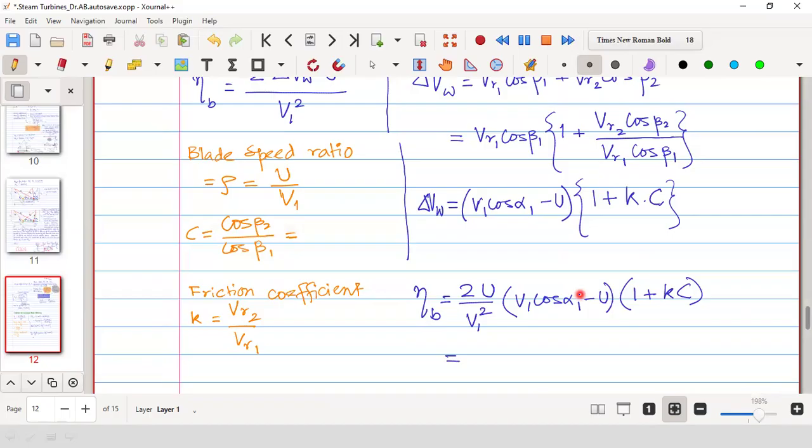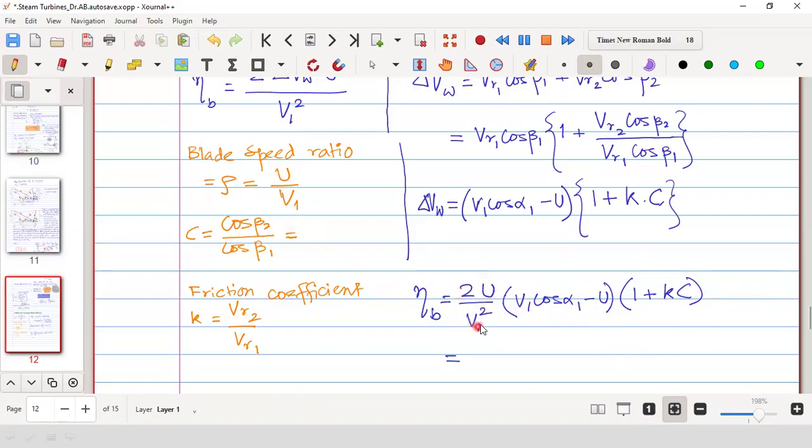Now we will write here one quantity. I will multiply this one V1. You see there are two V1. Since I have defined rho as U by V1, I will multiply this V1 inside, so that I will get a quantity of rho inside also. And this another V1 will cancel with this one. So it will be a wise thing to split this V1 square into two, that is V1 multiplied by V1.